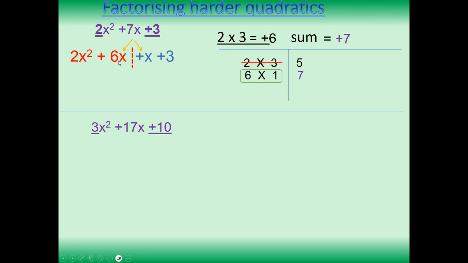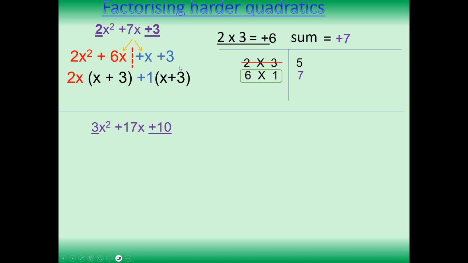So then you look at these, and put them in different colors, because the red section is where you factorize separately. This imaginary wall I've put in the middle is because we're only factorizing two terms at a time. The highest common factor of 2x squared and 6x is 2x, and the highest common factor of x and 3 is just 1. So then we write it like so.